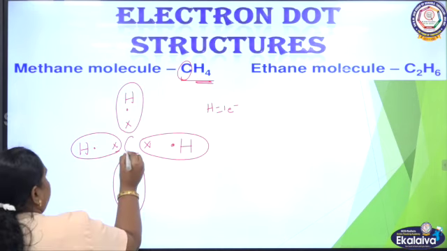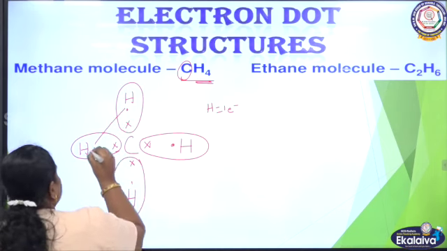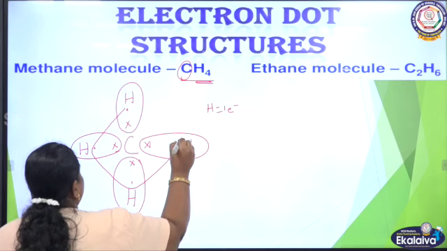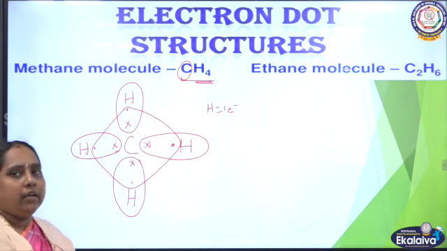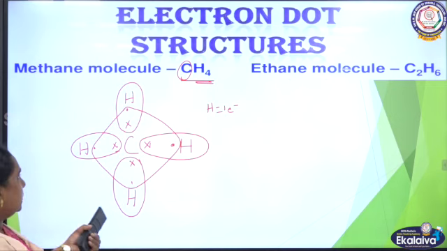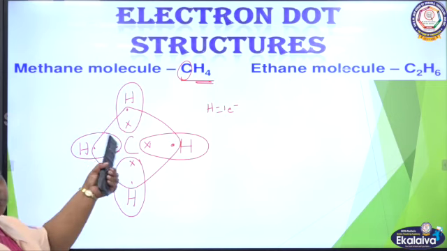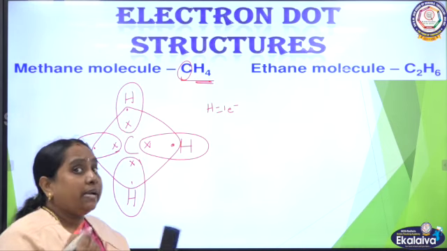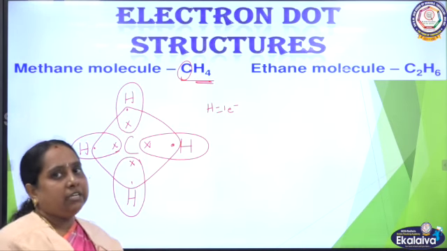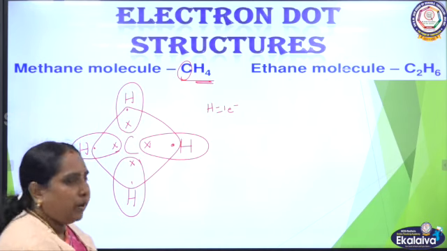So carbon shares the electrons of its valence shell with the electrons of hydrogen. This is how we can represent the molecule of methane with the help of the electron dot structure, to understand the bonding nature in carbon and hydrogen very easily.